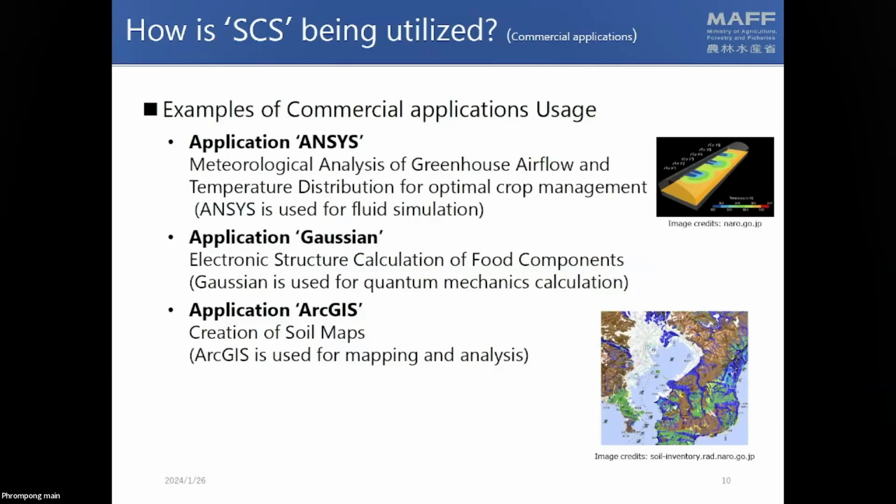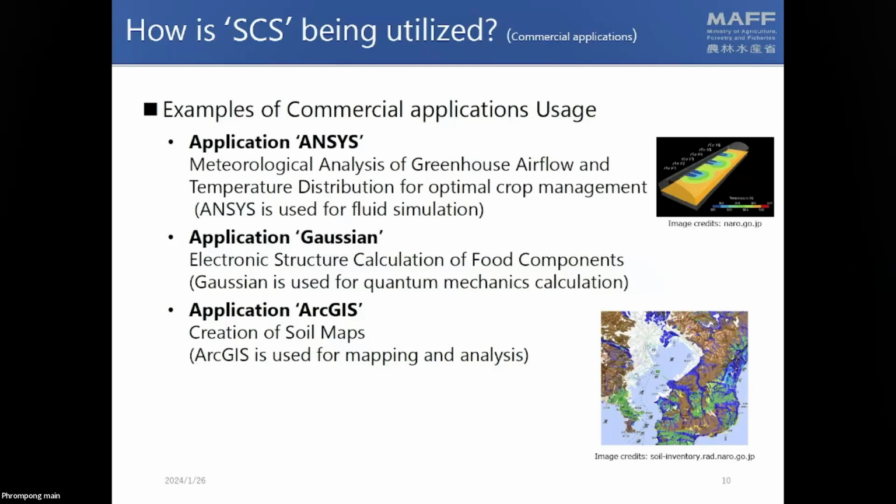Gaussian is used. Quantum mechanics calculations using Gaussian are applied to predict the behavior of electrons at the atomic and molecular levels of food components. Studying the electronic states of food components enables us to predict their characteristics and potential uses.